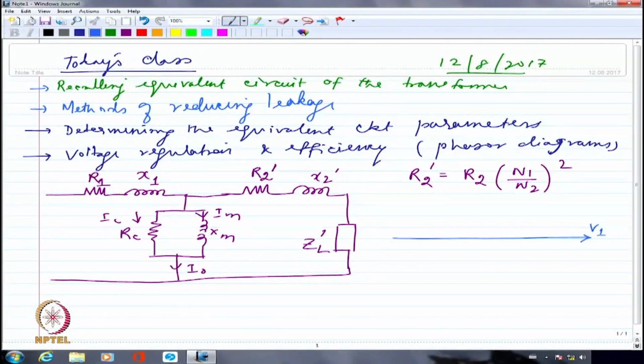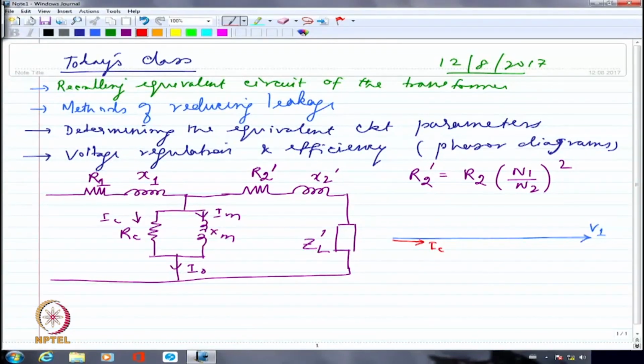Now I can draw IC along the voltage axis. Very clearly I am not drawing anything to scale, because of course currents and voltages are apples and oranges. I cannot compare them. But when I draw the load current, it is very difficult for me to draw this no load current as 100th or 150th. So I am just drawing it approximately. That's it, not to scale. So this is IC.